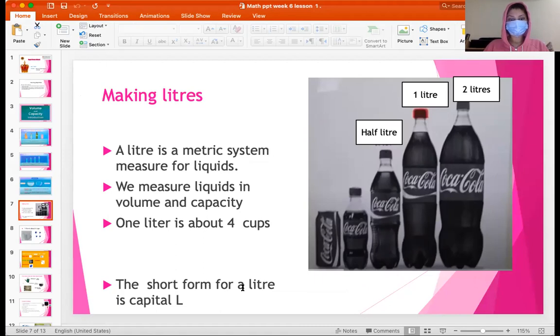The short form for a liter is L. If I want to write 1 liter, instead of writing 1 liter, I can just write 1 L. This means 1 liter. Okay.